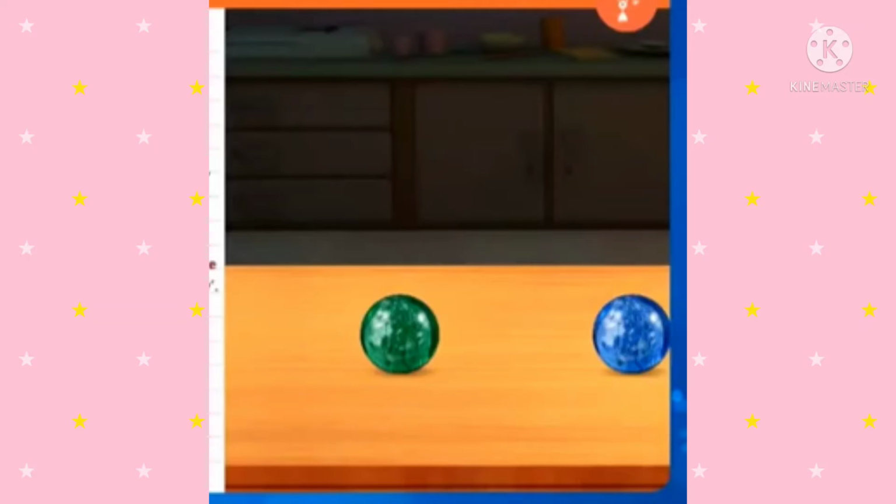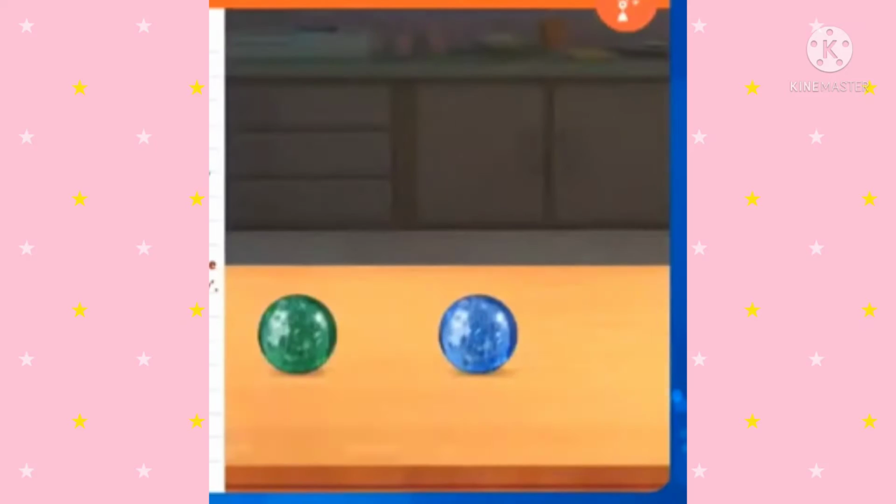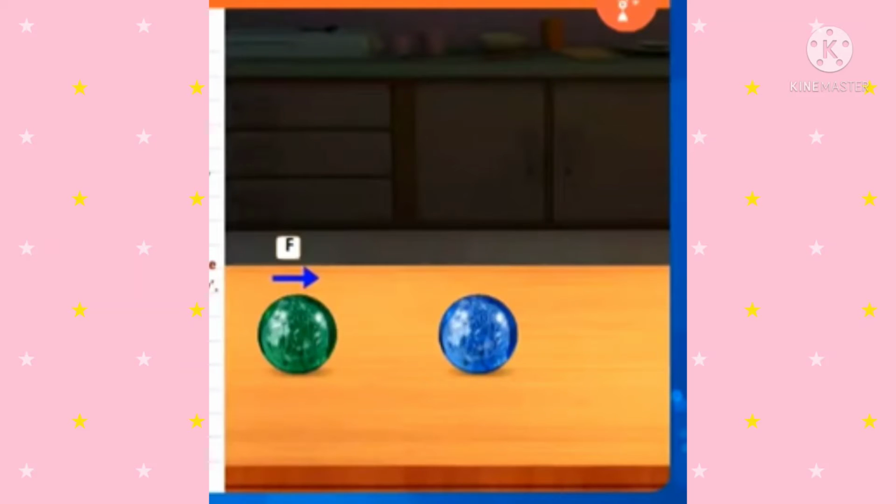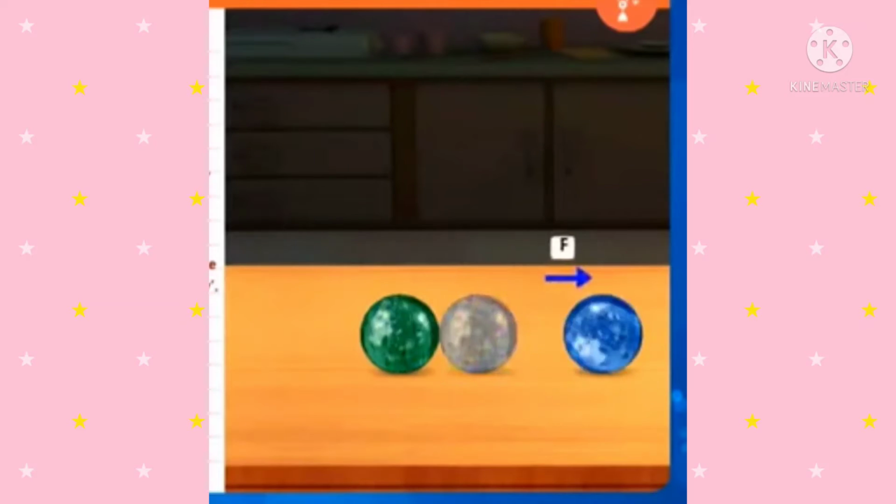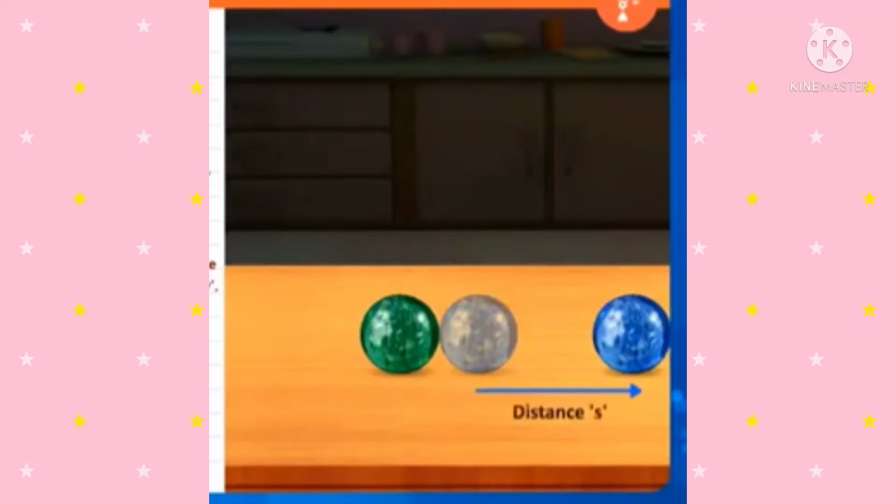So, we can say that the energy which an object has because of its motion is called its kinetic energy. The work done by a force to displace a stationary object through a distance s is the kinetic energy gained by the object.